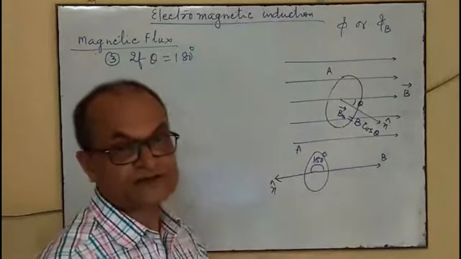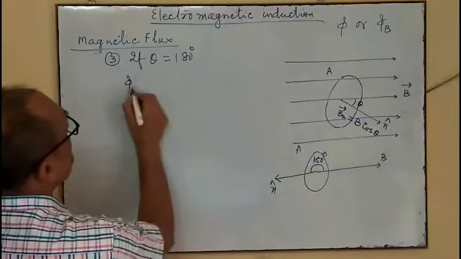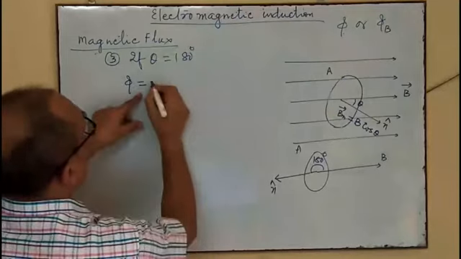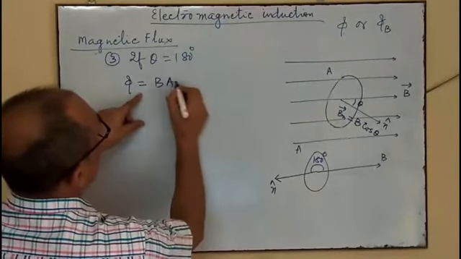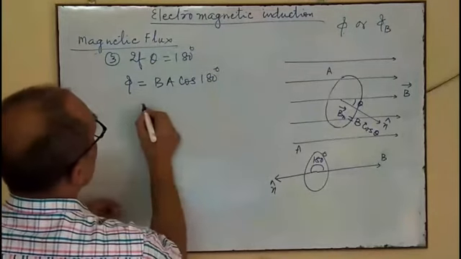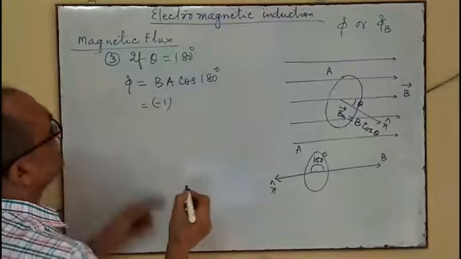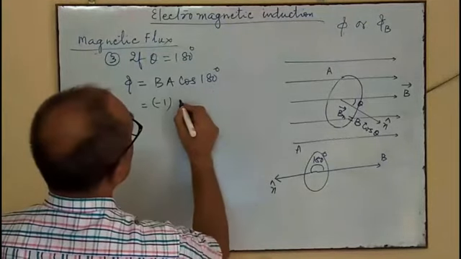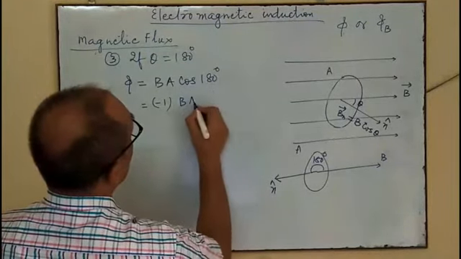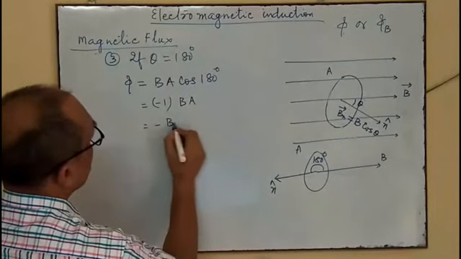Then in this case, phi equals BA cos 180 degrees. The value of cos 180 is minus 1. This equals BA times minus 1, which equals minus BA.